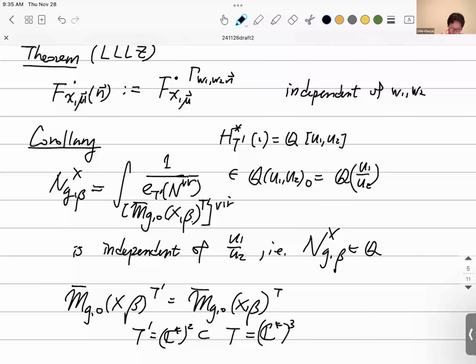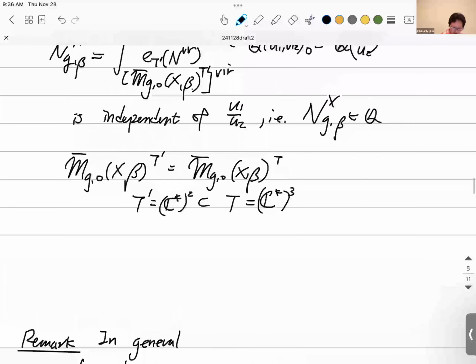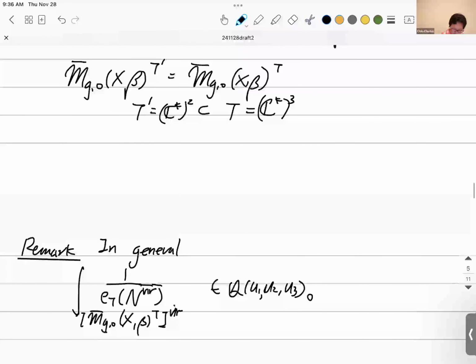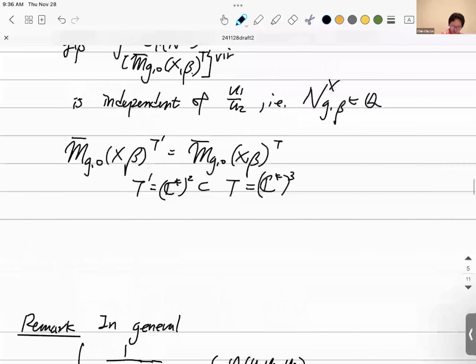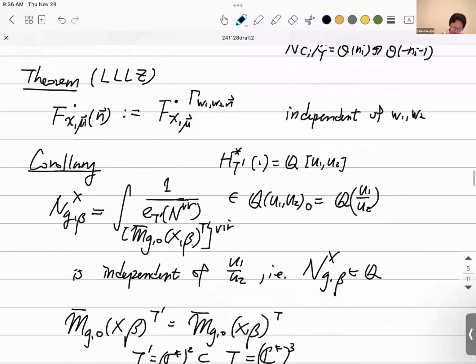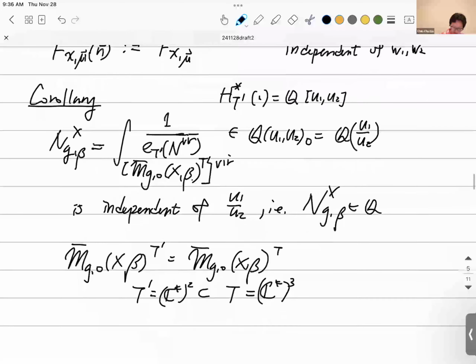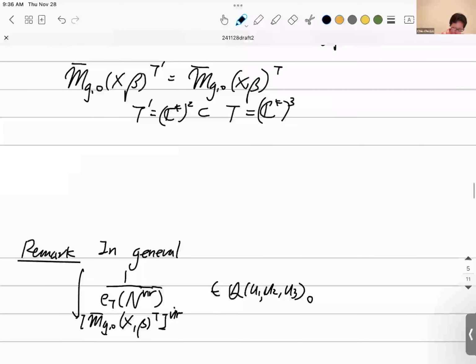The fixed point sets of the three-dimensional torus and the two-dimensional torus T prime are the same. But in general, this independence of equivariant parameters is not true if we use the larger torus, the three-dimensional torus.